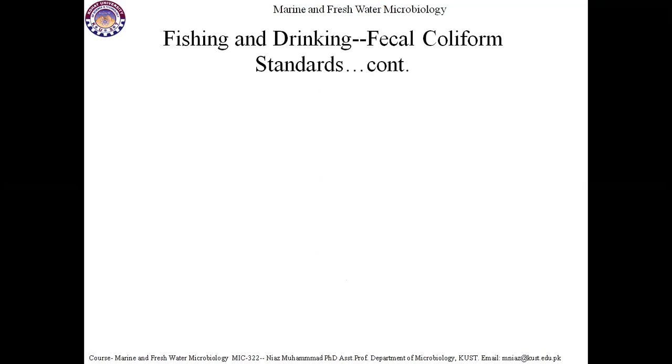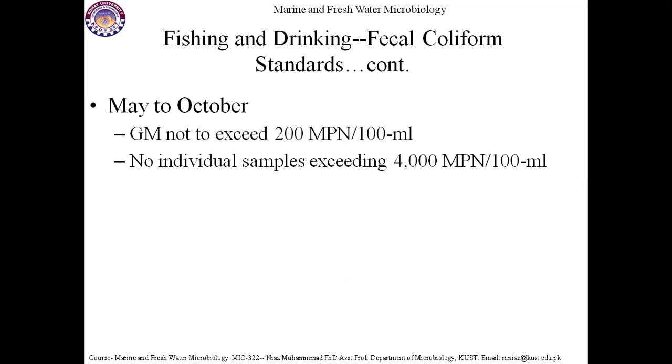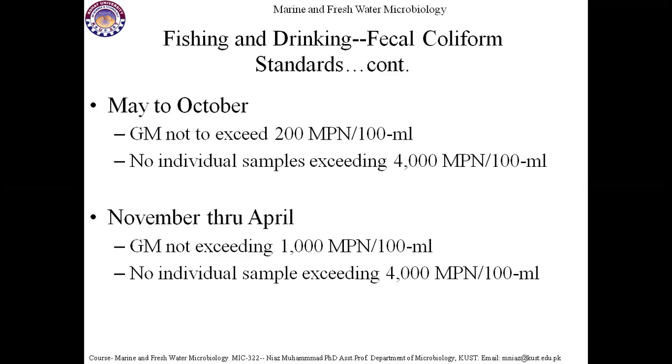So, the fishing and drinking fecal coliform standard. For May to October, the geometric mean should not exceed 200 MPN per 100 ml, and no individual sample should exceed 4000 MPN per 100 ml, meaning no sample should have more than 4000 microorganisms. For November to April, the GM should not exceed 1000 MPN per 100 ml, so the number of microorganisms per 100 ml should not exceed 1000, and no individual sample should exceed 4000 MPN per 100 ml.